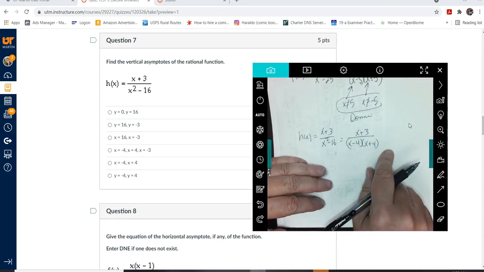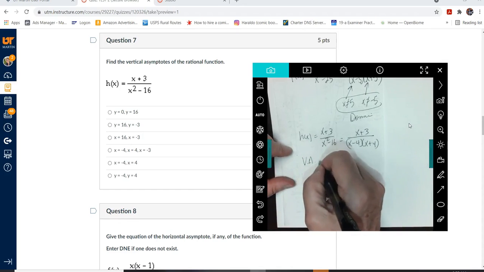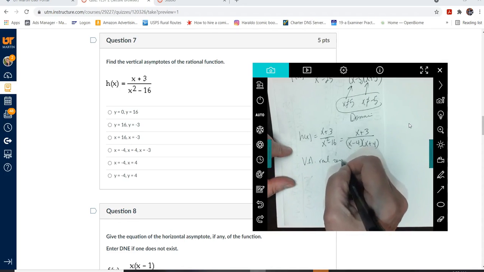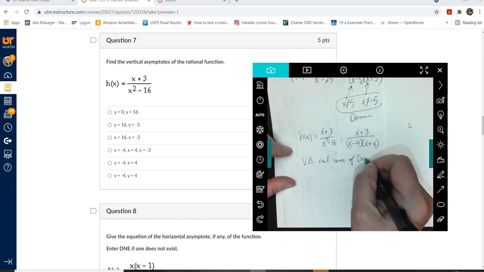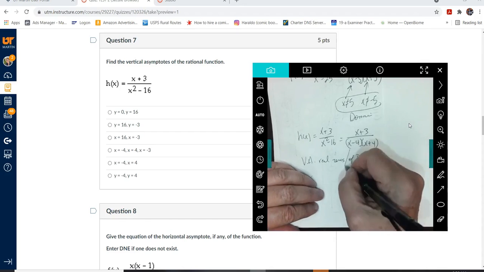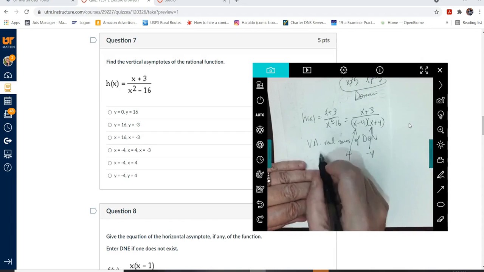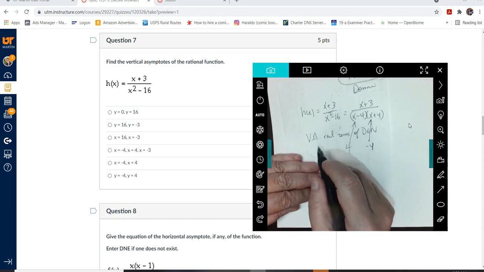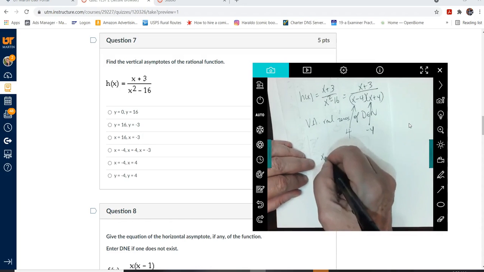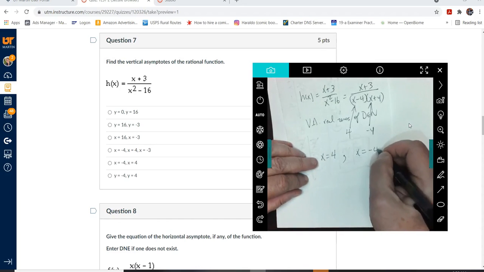There's no cancellation, so vertical asymptotes are found at real zeros of the denominator after any cancellation. So 4 is a zero and negative 4 is a zero. Vertical asymptotes are vertical lines, so I'll have two vertical lines. Their equations are x equals 4 and x equals negative 4.